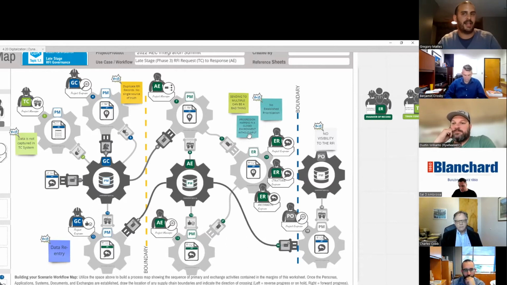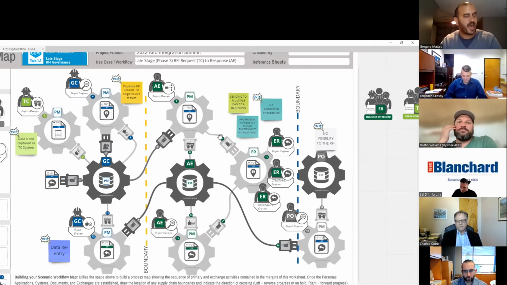It is a potential area for data inaccuracies. Maybe I entered one thing in one system and something else in another system. It's creating this two sources of truth problem, right? There is a source of truth in the architect system, and there's a source of truth in the GC system. There's a source of truth in the trades system, right?